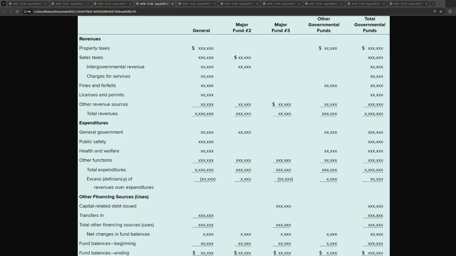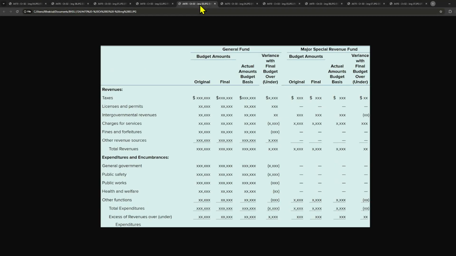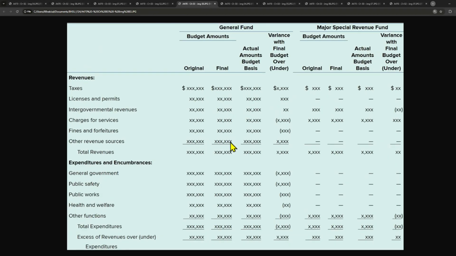So if we take a look at what I've got here, this is a situation where we're working the budget amounts into the financial statements. Now, there's a lot of flexibility with governmental statements, in that you'd have to have your balance sheet or your statement of net position and your statement of activities.